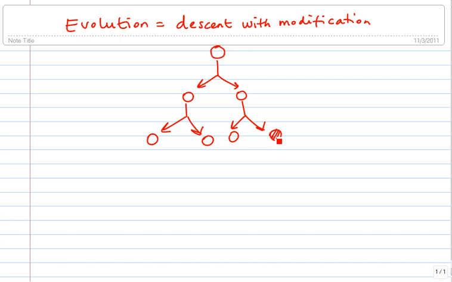So here's our first striped tiger. So notice that we start out with 0% striped in our population, and right now we're up to 25% striped tigers in our population. And let's say that that striped tiger has an advantage.